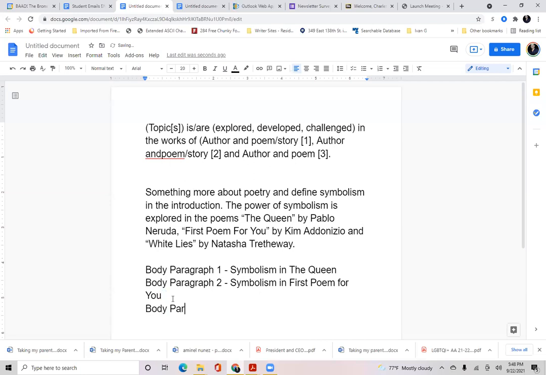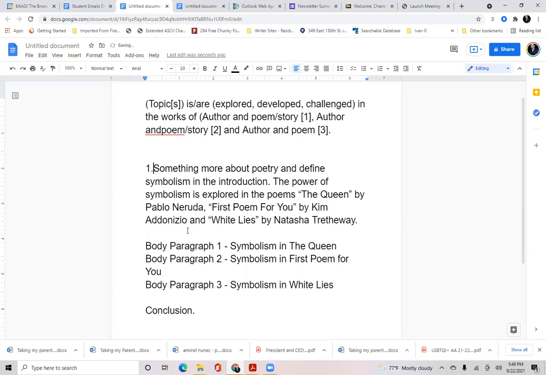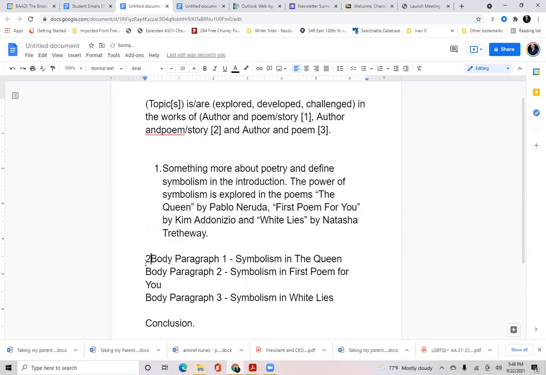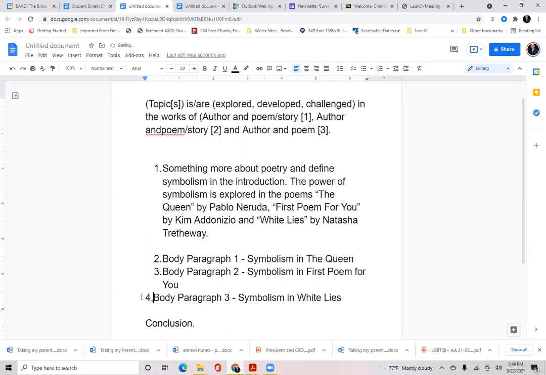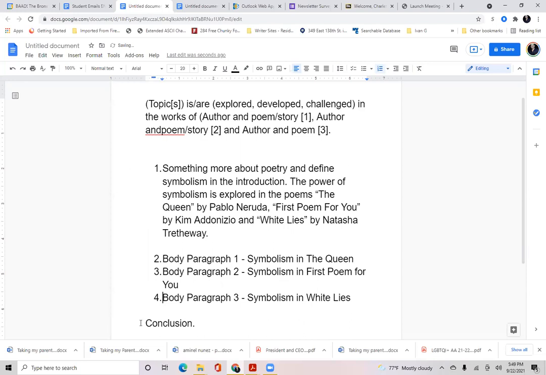The third body paragraph. And then it would be a conclusion. So this would be paragraph 1. That would be the structure of this essay.